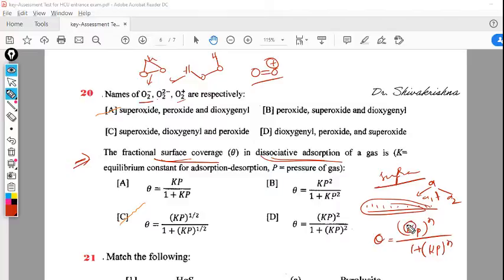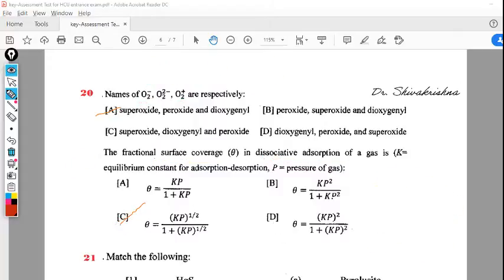Here k is the adsorption constant and P is the pressure. As the pressure increases, the area of adsorption increases. n is the number of atoms it dissociates into. It is dissociating into two parts, so it is 1 by 2. This will be the correct answer.